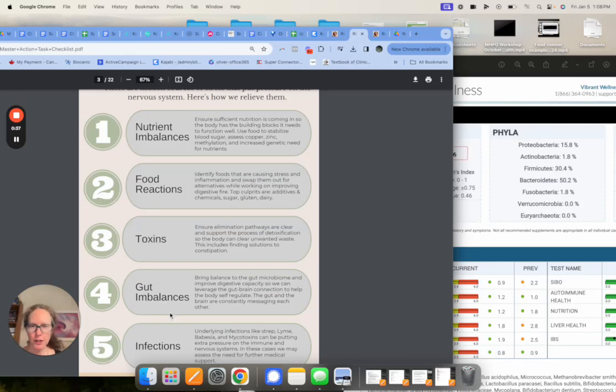So of course here we're looking at gut imbalances first and foremost, but it also tells us a little bit about infection because we can have infections in our gut, and it's telling us a little bit about toxins because the lipopolysaccharides you could consider to be an endotoxin, a toxin that is created by gut bacteria that circulates in the body. So it's not external toxins like chemicals, but it is a toxin that is generated from inside the body. So stool test gives us a lot of information.